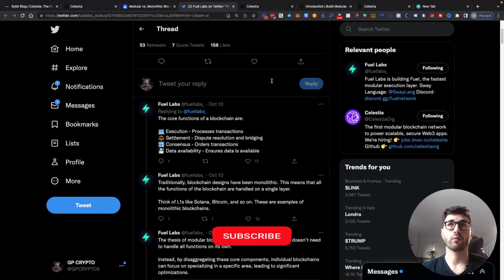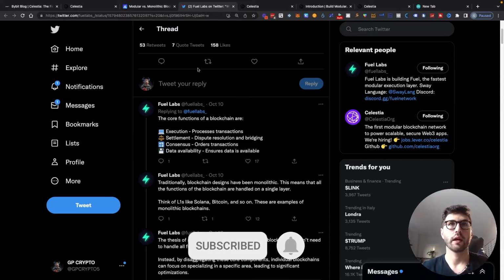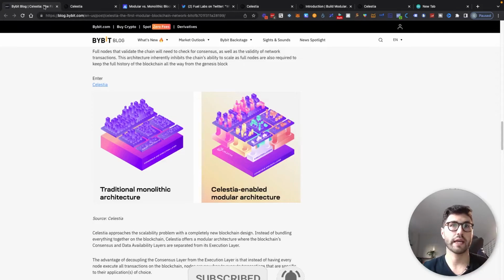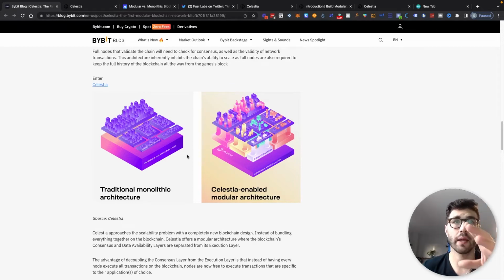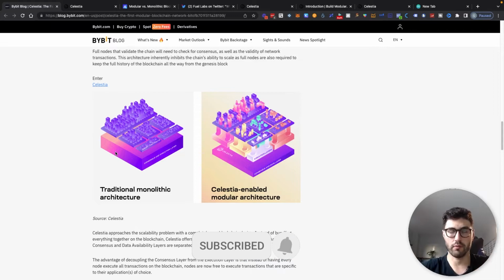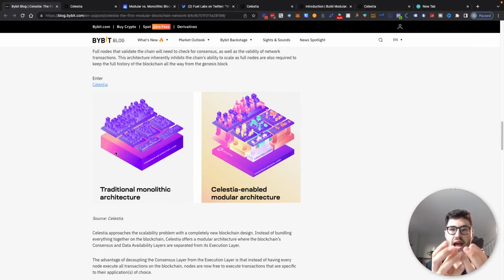So the best way to visualize this is to take a look at this blog actually from Bybit, where they explained the traditional monolithic architecture and the modular architecture, right? So take a look at this, right? When you have a monolithic blockchain, the consensus, the execution layer, and the settlement are all on the same floor, right? So imagine the monolithic blockchain being just a one-story building where everything happens inside.